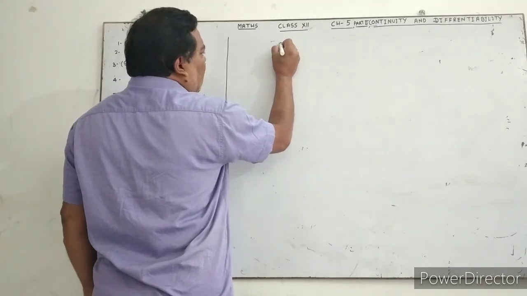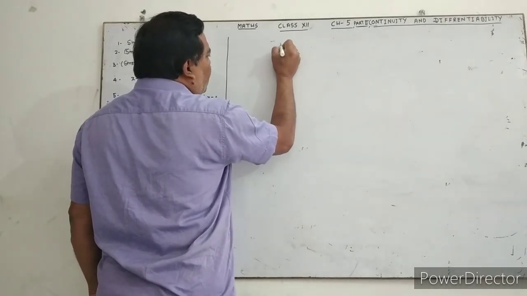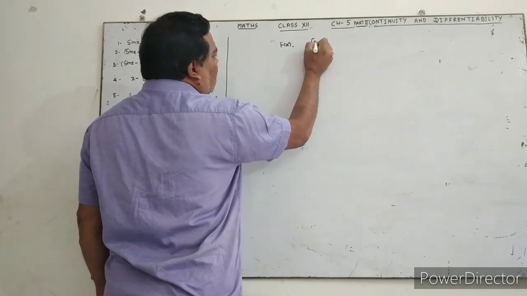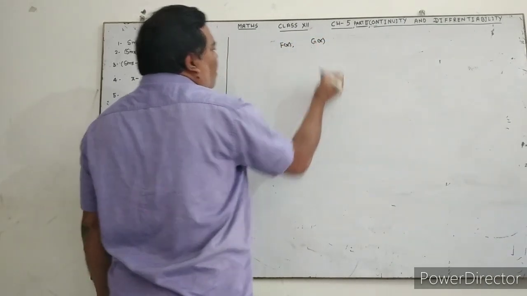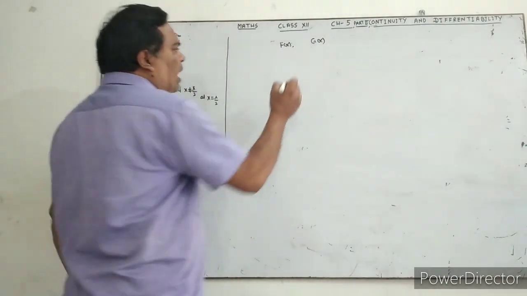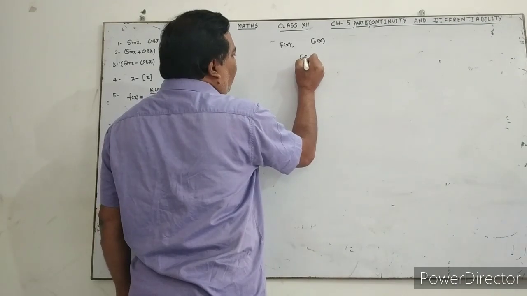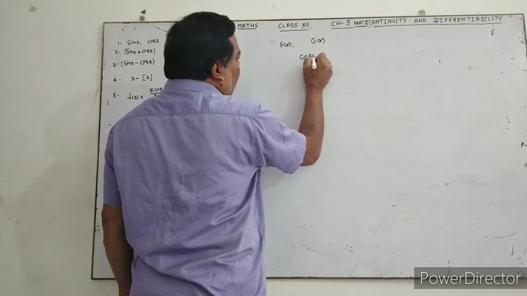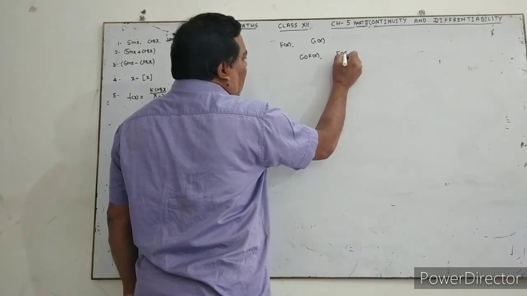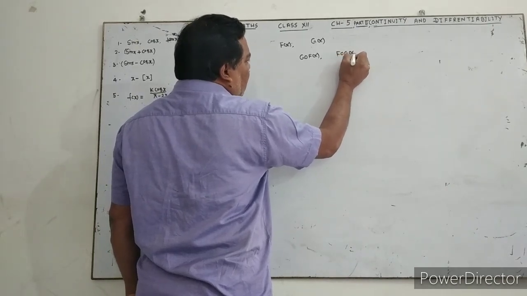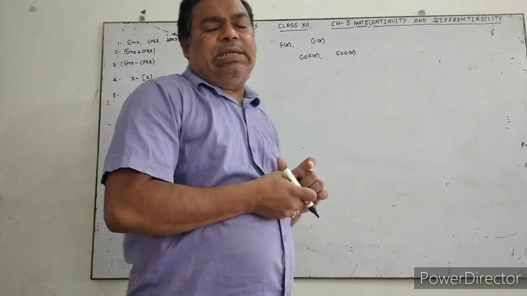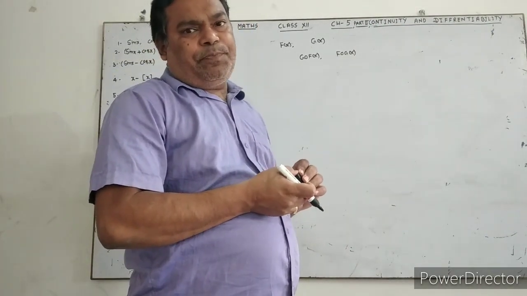Suppose f(x) is a continuous function and g(x) is a continuous function. Then the composition, f o g of x or g o f of x, is also a continuous function.